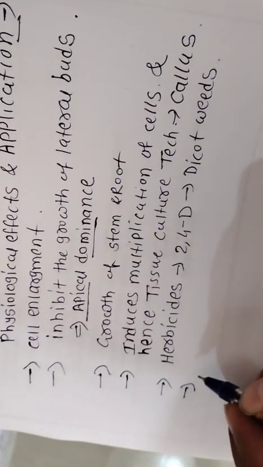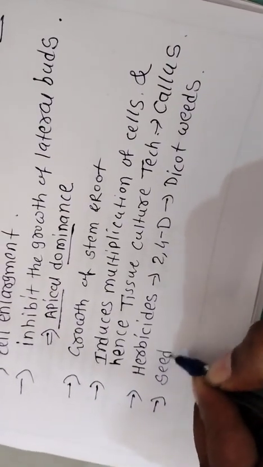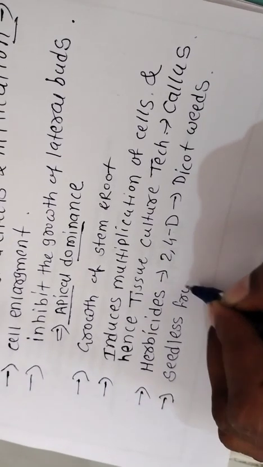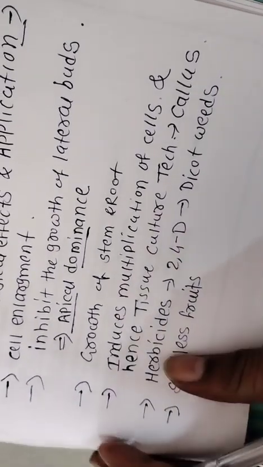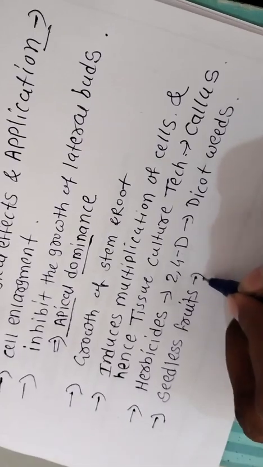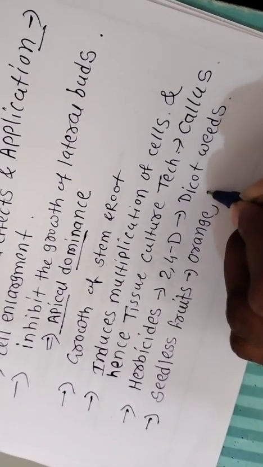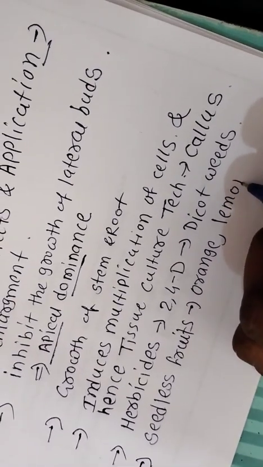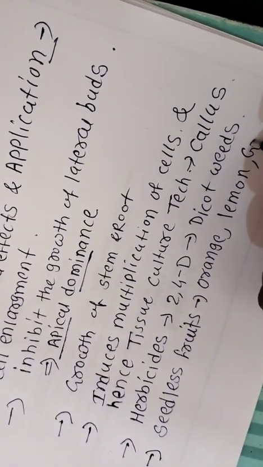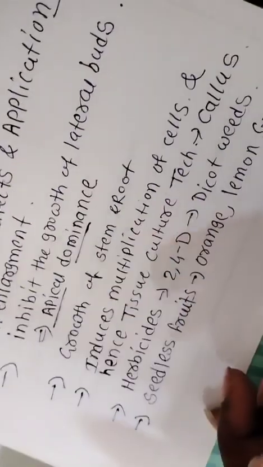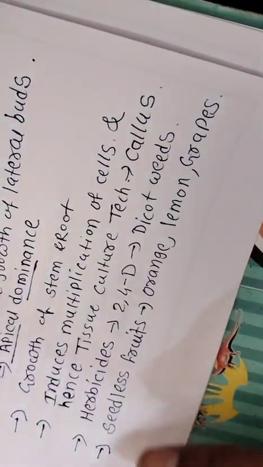It also helps in the production of seedless fruits like orange, for example lemon, or grapes, and so on.